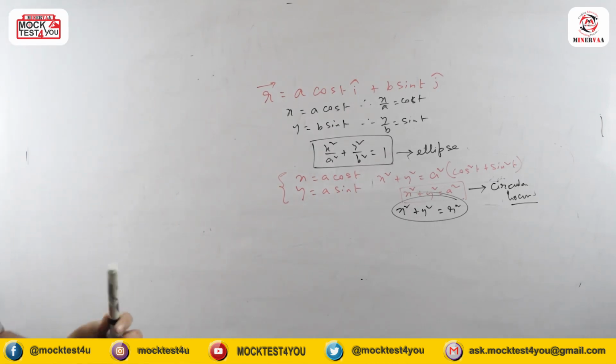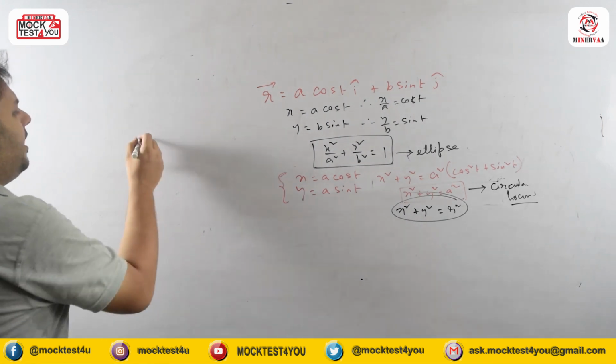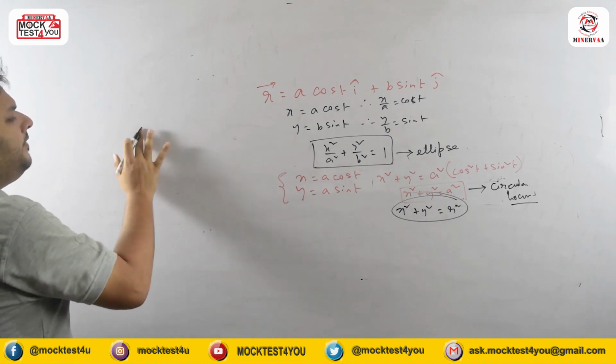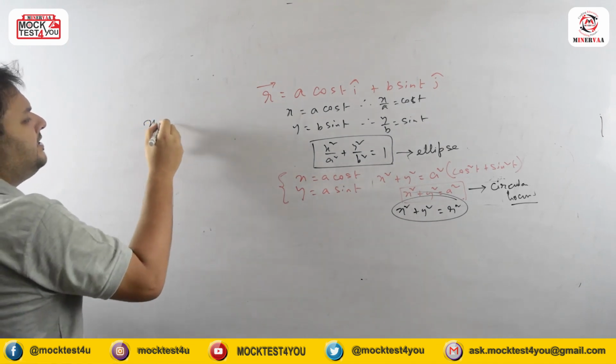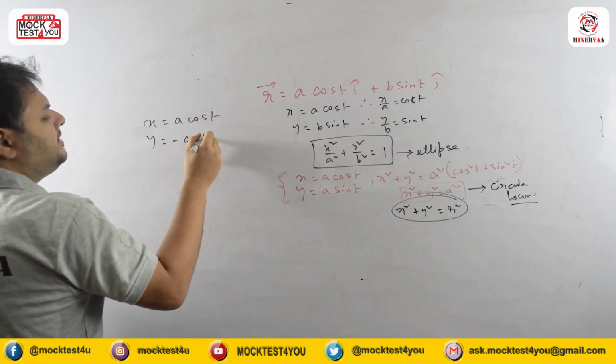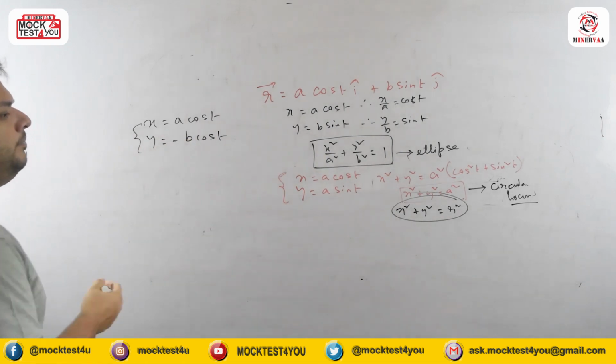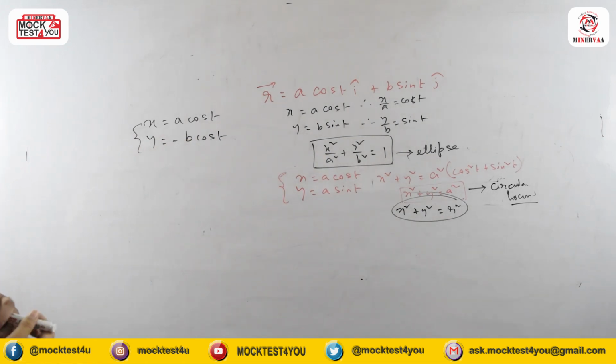We must be holding it very tight, very carefully. Now one question can be like from this side. Suppose I am giving you one particular situation when x equals a cos t and y equals minus b cos t. So what will be the locus of this particle moving? When it is moving along any path, we don't know what that path is, and at any time t, these are the coordinates of that particle.